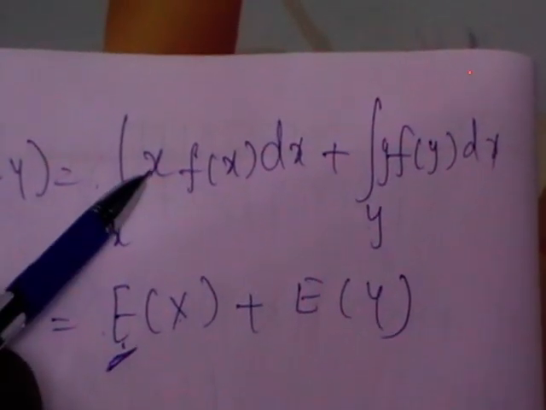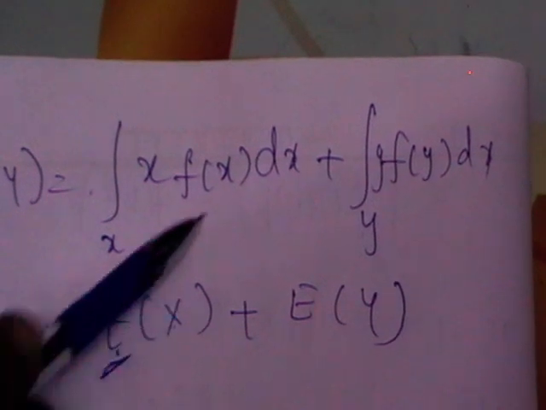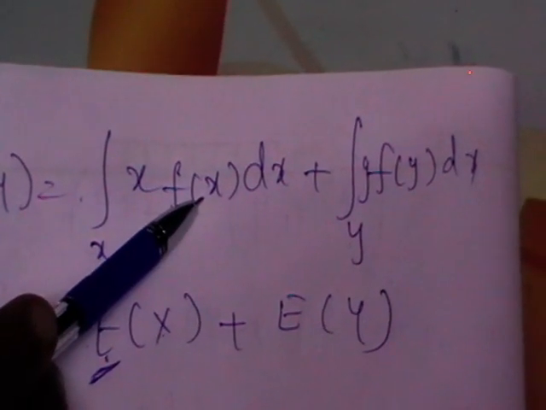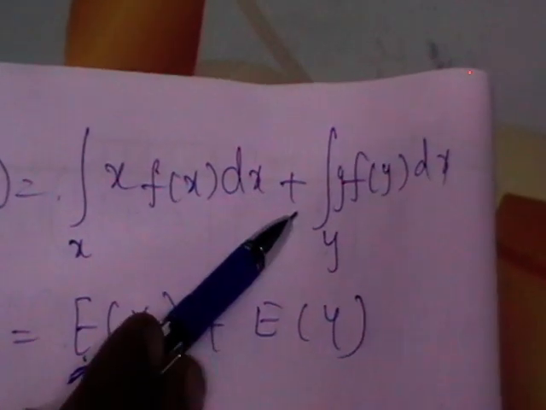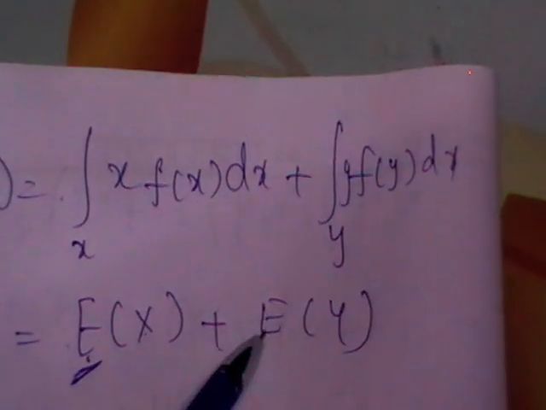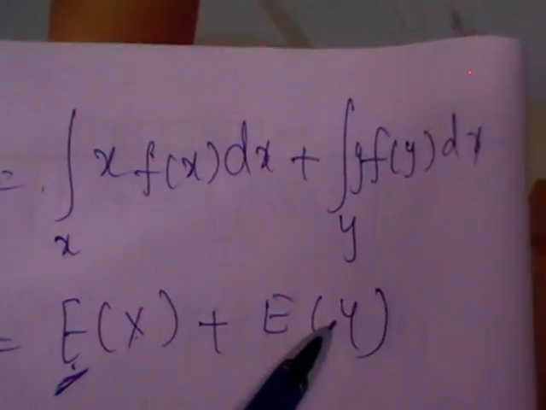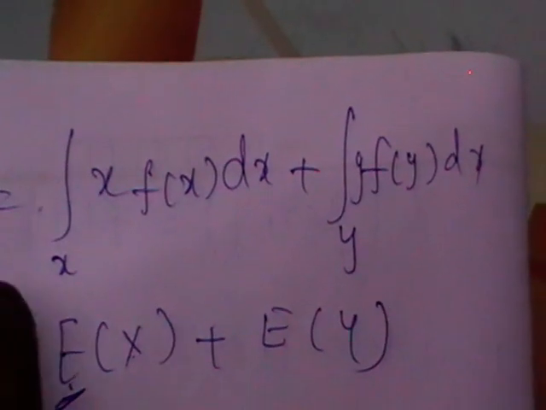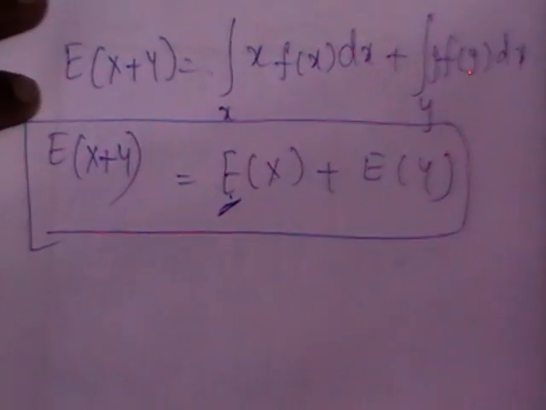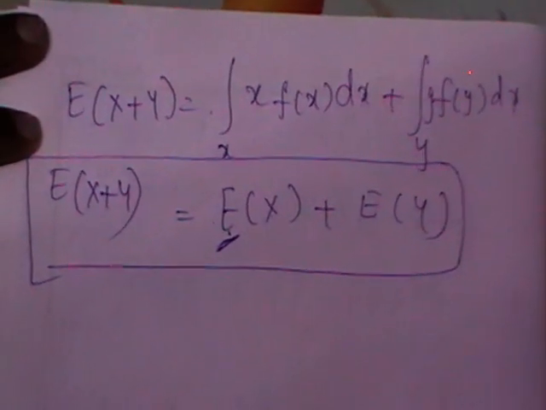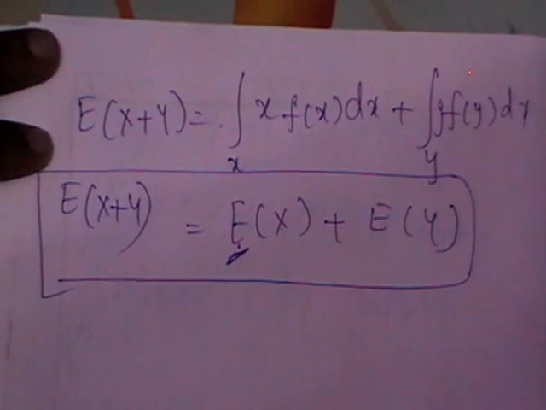Within the brackets we have x, and as this is one variable, we write the PDF f of x dx. Plus similarly, the integral with y within the brackets represents expectation of y. So we got expectation of x plus y is equal to expectation of x plus expectation of y.